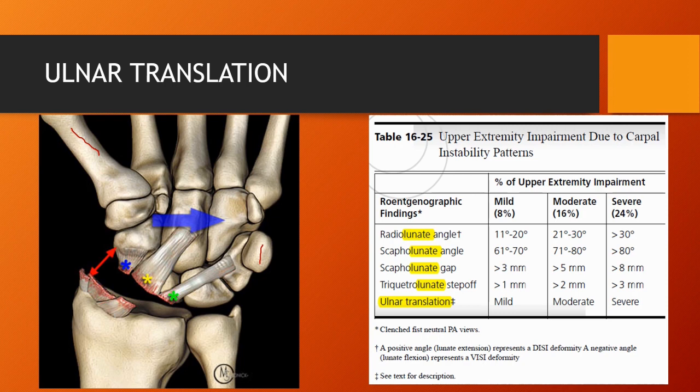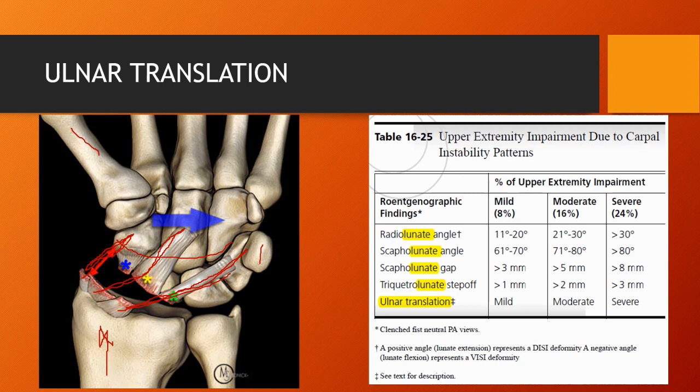So for example, this is a radiotrapezoid ligament. This would be a radioscaphocapitate ligament. This would be a radioscapholunate triquetral ligament here. So with disruption of any and or all of these ligaments, we see a dissociation and a disruption and a loss of anatomic relationship between the radius bone and the entirety of the carpus.